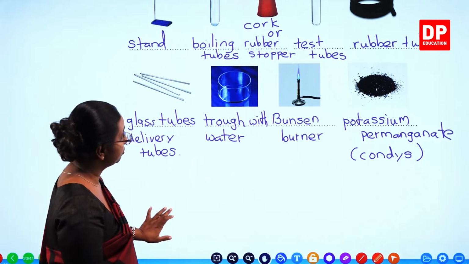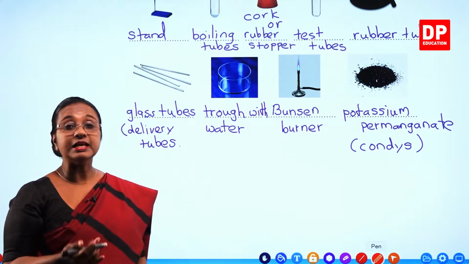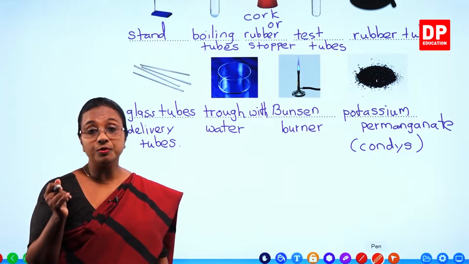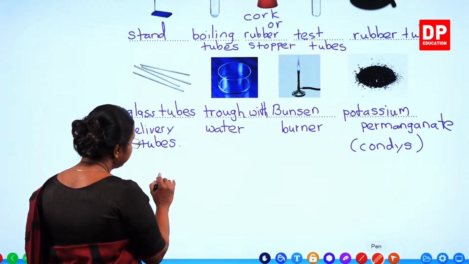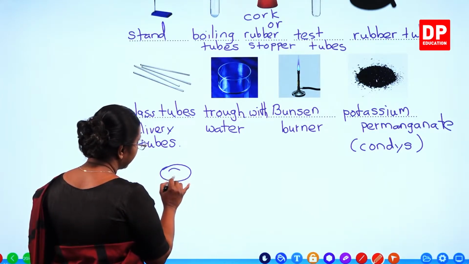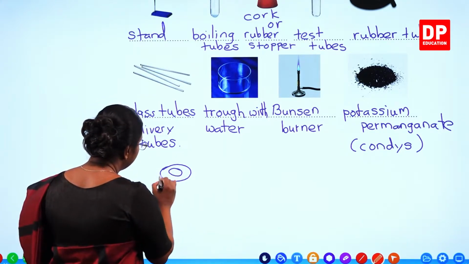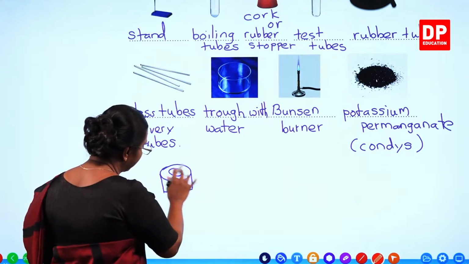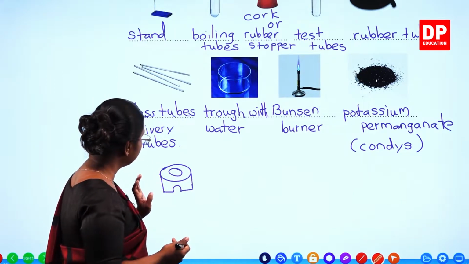In addition to that, like I explained to you all in the preparation of hydrogen gas, we need two more apparatus or two more materials. One is the beehive shelf. Again, if I draw the structure, you can see it when I explain the apparatus. Beehive shelf is something like this. It can be made of ceramic or it can be a metallic structure.